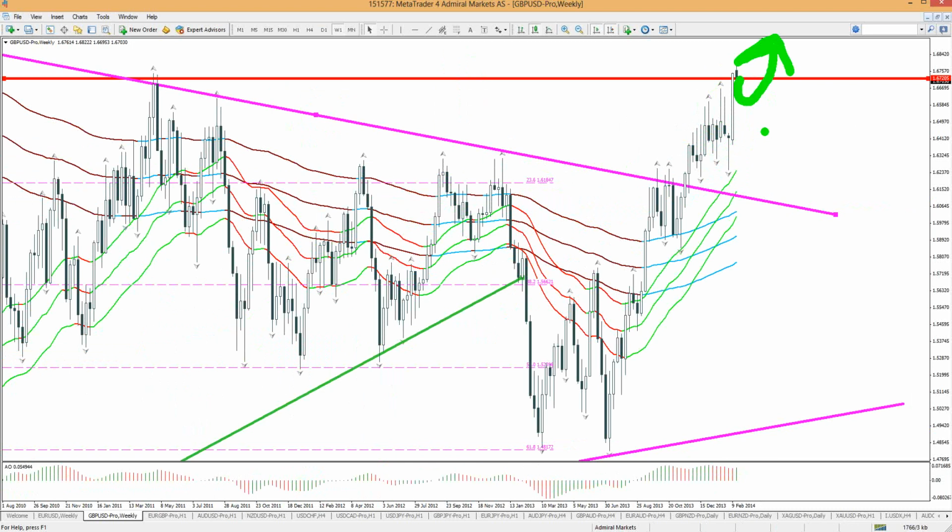So in that regard, I do think that this downside is just a retracement. If you look at last week's candle, it was very bullish, very strong, no signs of weakness. So for the moment, I don't see any reason to change that.